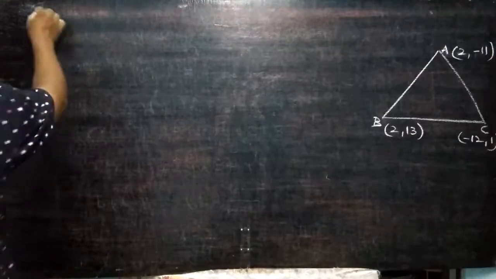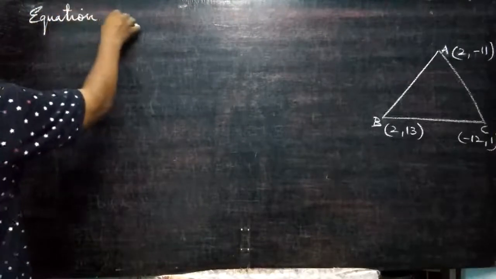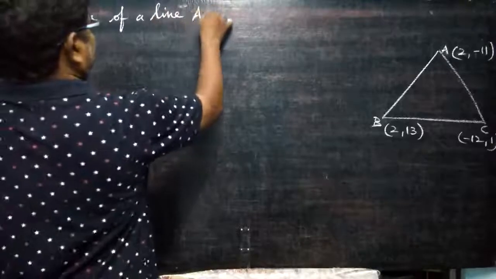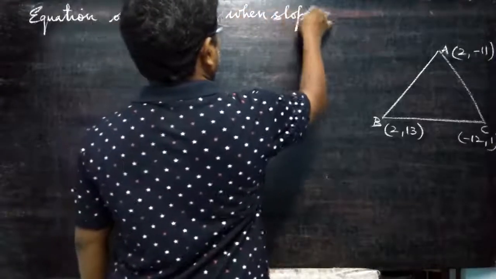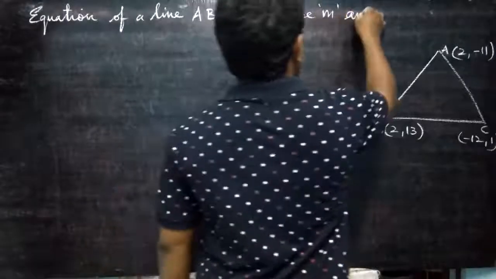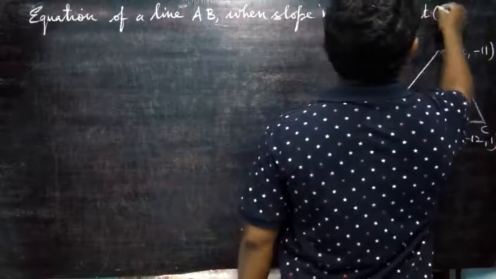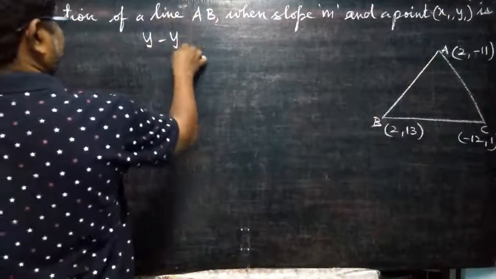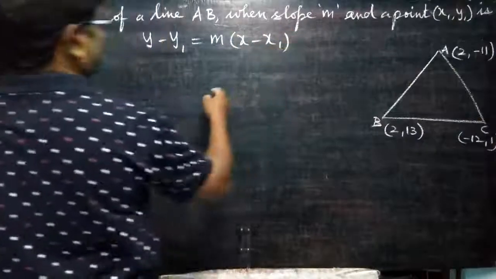Now the equation of line AB, when slope m and a point (x1, y1), is y minus y1 is equal to m into (x minus x1).